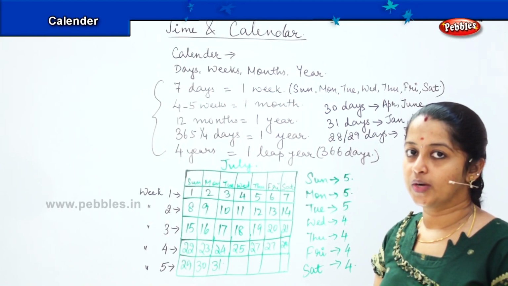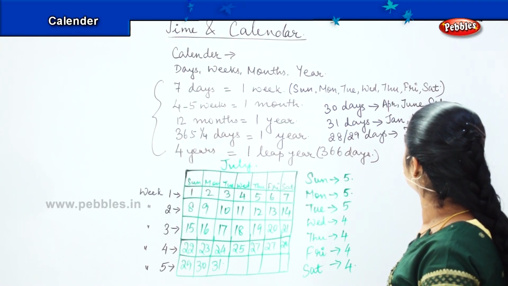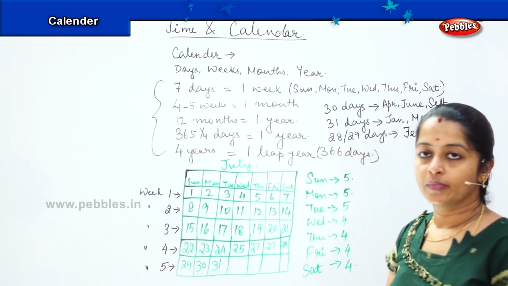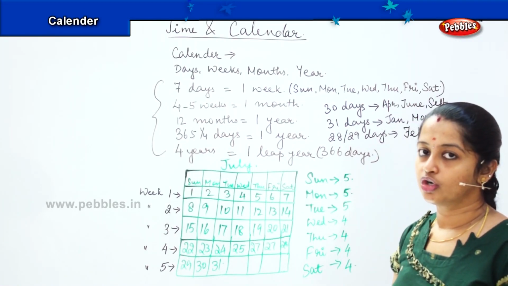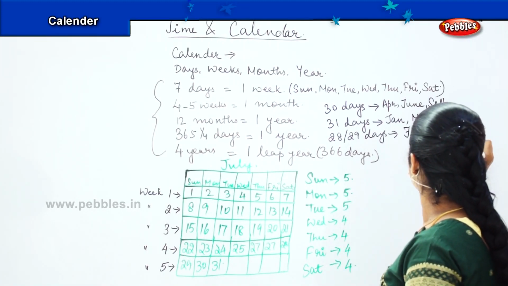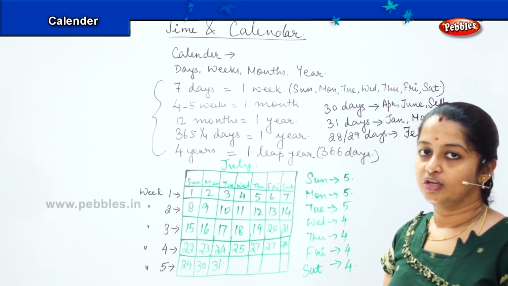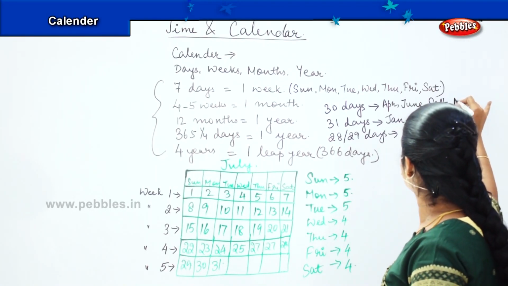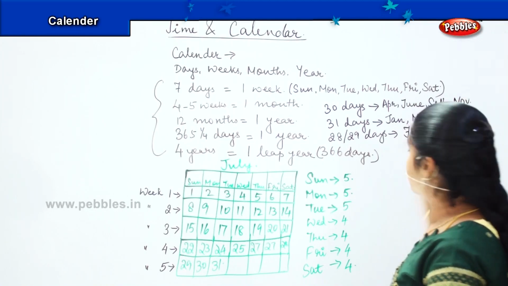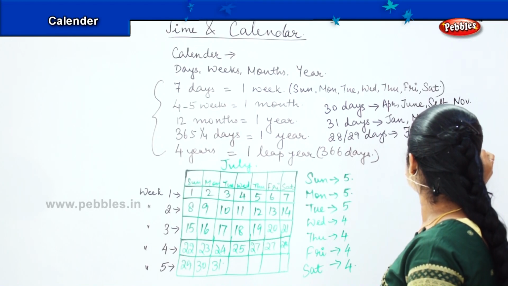It comes in 30 days. October? October has 31 days. November? Good. November has 30 days. And December? December has 31 days.